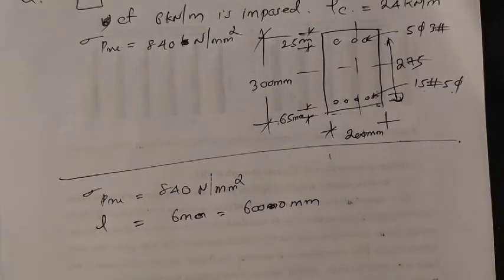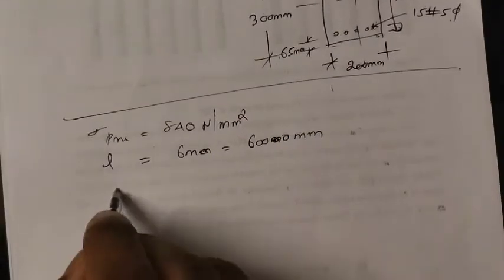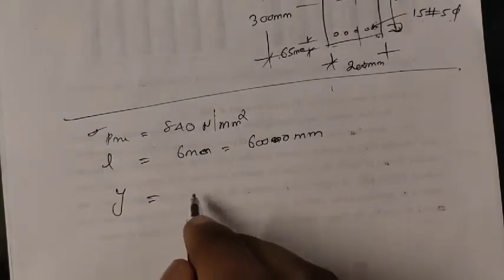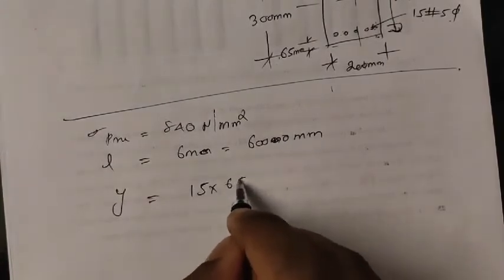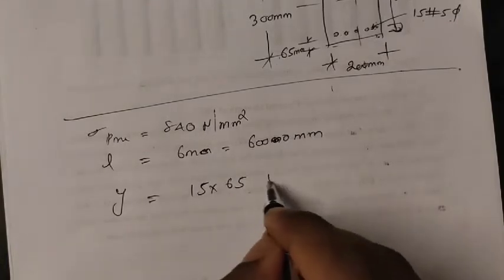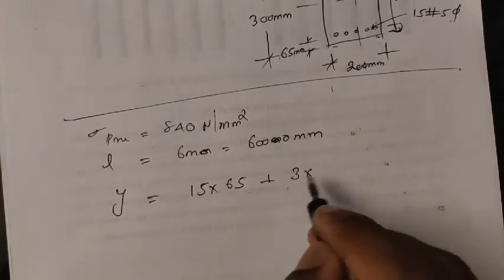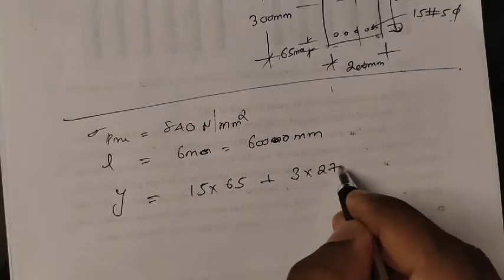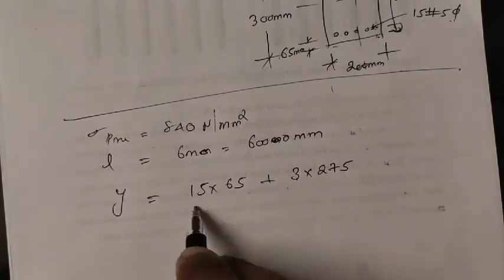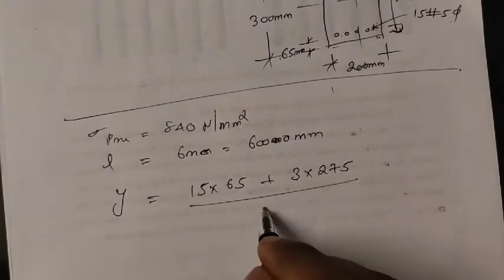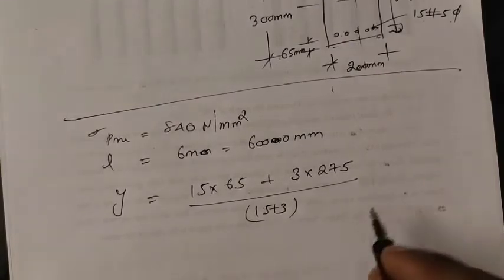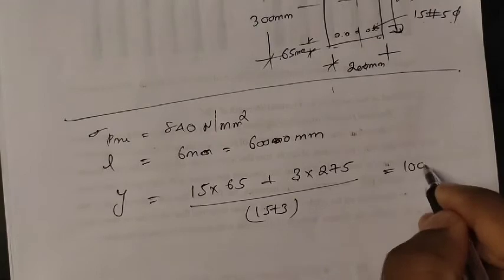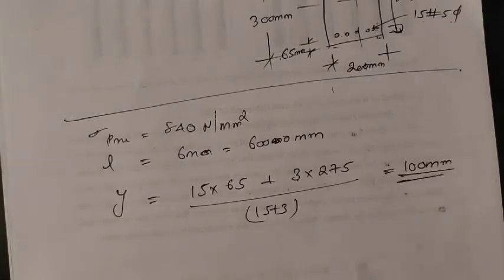For that purpose we calculate y equals 15 wires into 65 from bottom, plus 3 wires into 275 from bottom, divided by the total number of wires, that is 15 plus 3, 18. So we got 100 mm.